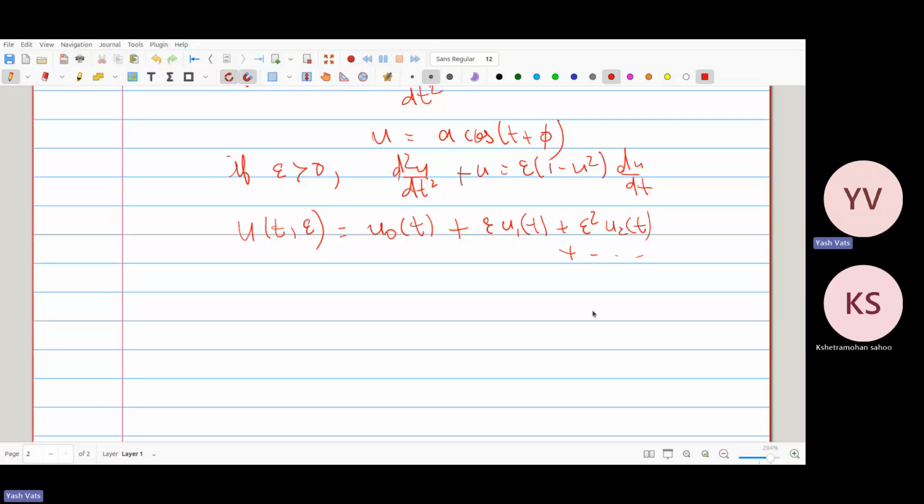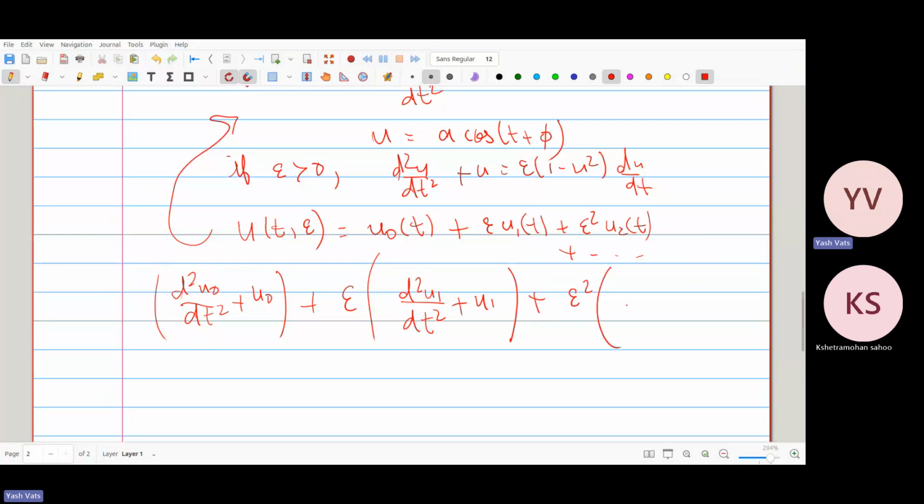If you substitute it over there, then you get d2u0/dt2 plus u0, plus epsilon times d2u1/dt2 plus u1, plus epsilon squared times d2u2/dt2 plus u2, and so on, equals epsilon times (1 minus u0 plus epsilon u1 plus epsilon squared u2 and so on).